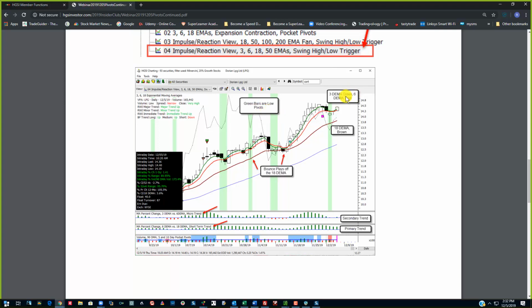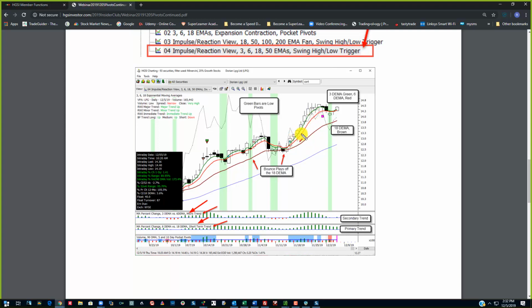I'm using the 3 and the 6, which I've used for quite some time for short-term momentum. If you look down here, you'll see it says micro trend, the 3 and the 6, and then the short-term trend is the 6 versus the 18. These are the histograms that represent these moving averages.